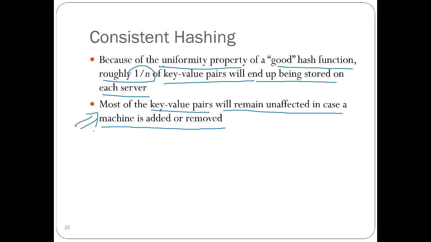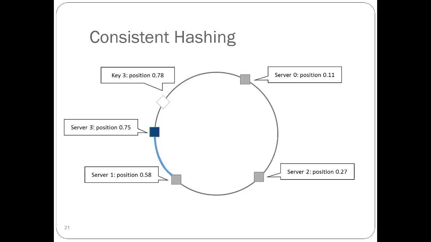So this is a point that we need to investigate. The claim is that in this consistent hashing that we are learning, if some servers are removed or added, then this is not going to impact most of the other servers. So let's look at that claim. For that we have a picture over here. Server 0 was already there at 0.11, and server 2 was at 0.27, nothing changed there, and server 1 was probably at 0.58.